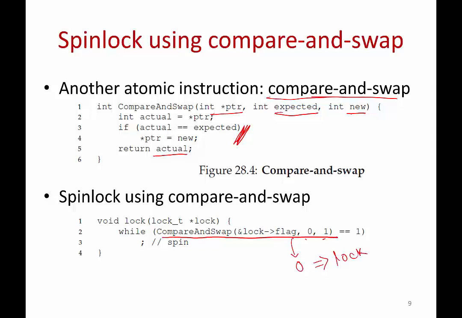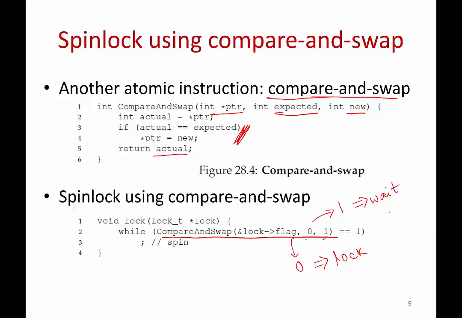That is, the old value was 0, it matched what you expected and you could set it to 1, therefore you acquired the lock. But if this returns 1, it means you have to wait. Somebody else holds the lock. Okay? So this is a simple spin lock using compare and swap. You compare the value of flag to 0. If it is equal, you set it to 1 and you return.